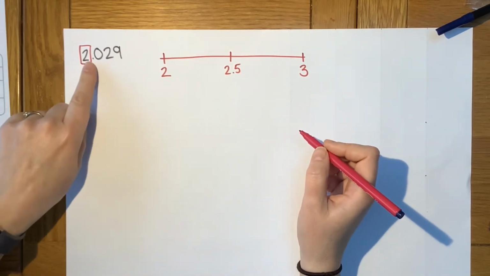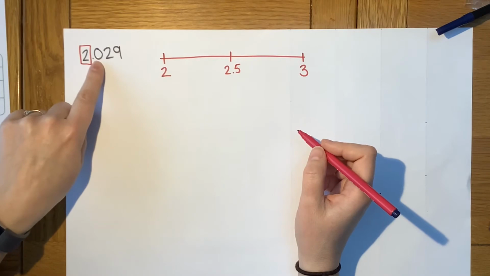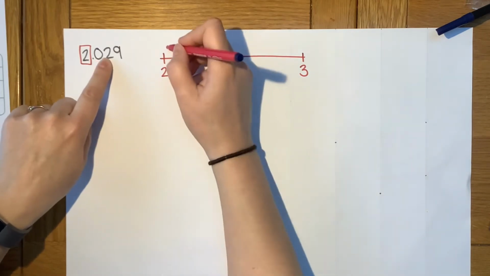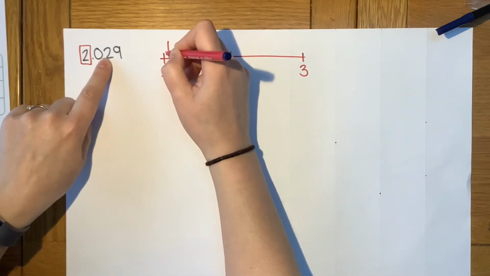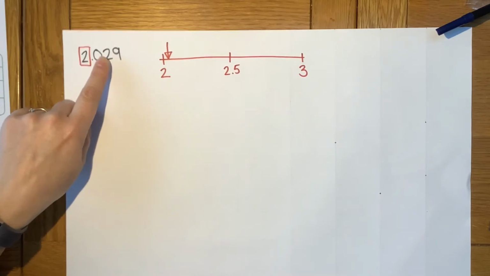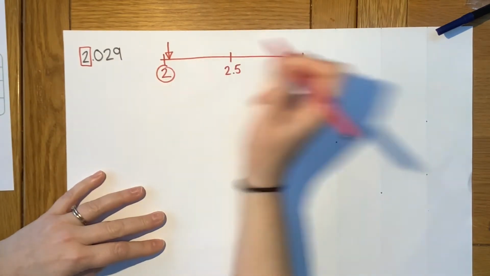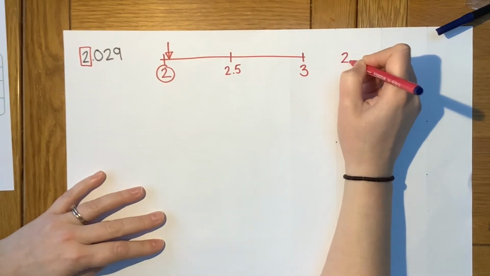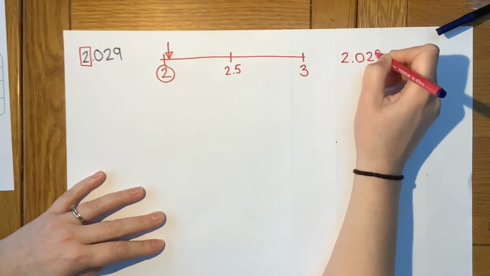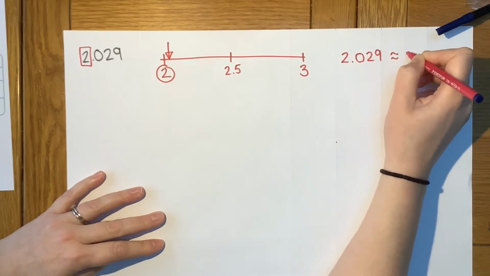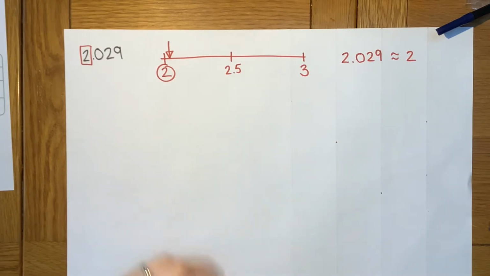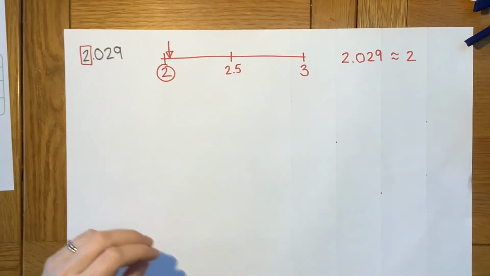This one, 2.029, has no tenths and only 2 hundredths, so it's going to be somewhere really close to 2. So in this case, when rounded to the nearest whole number, 2.029 rounds to 2.